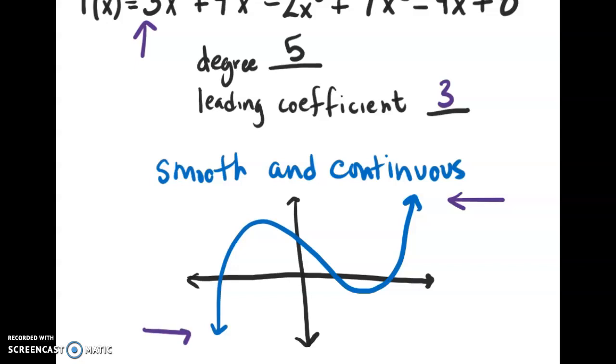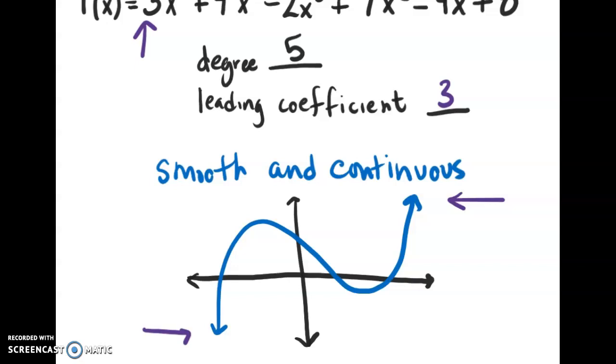It will eventually rise or fall without bound as it moves to the far left or the far right. So the sign of the leading coefficient and the degree help reveal what its end behavior will be.